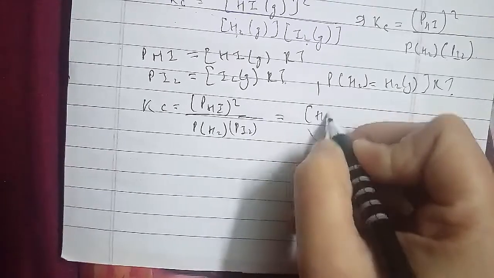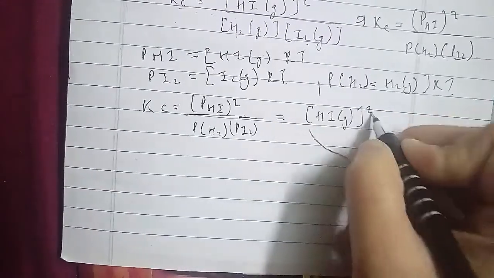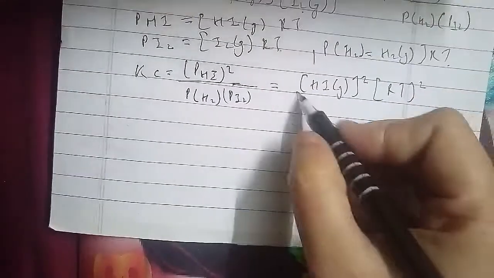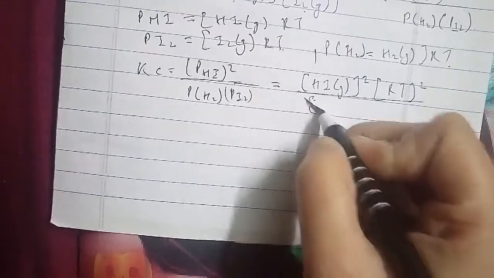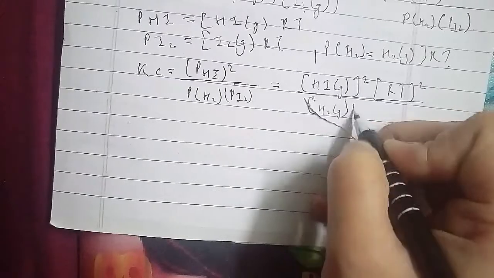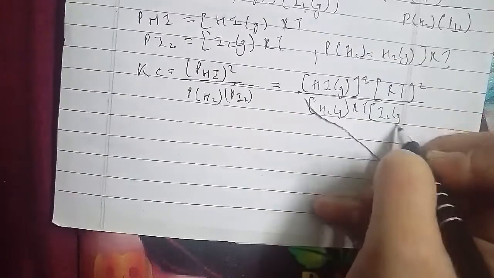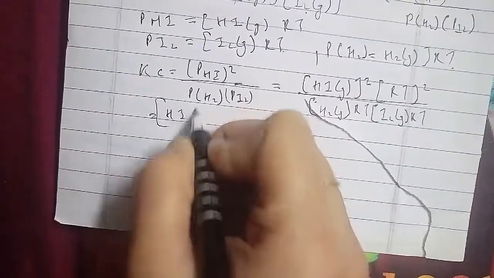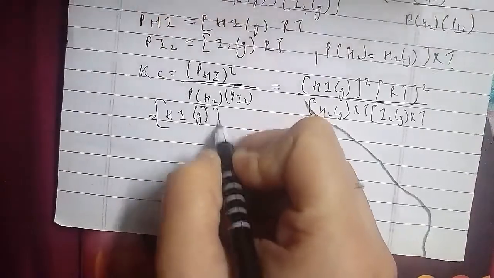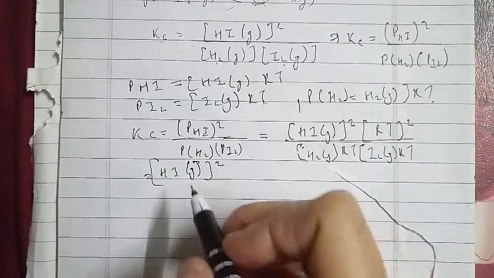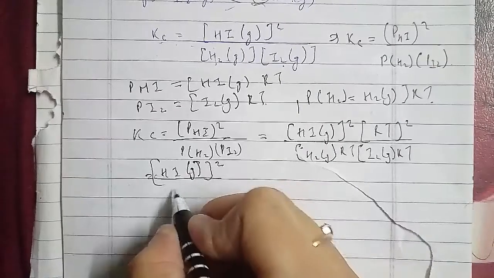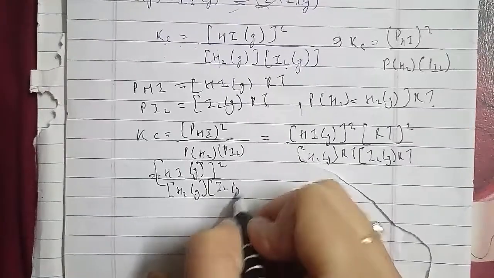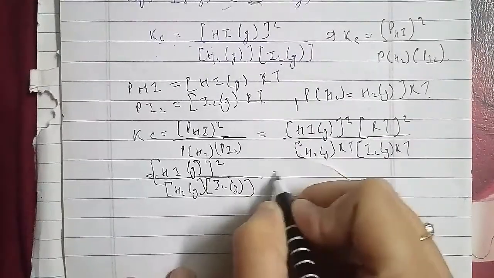So we will be finding [HI] in the gas state squared, upon [H2] gas and then [I2] gas, and that equals Kc here.